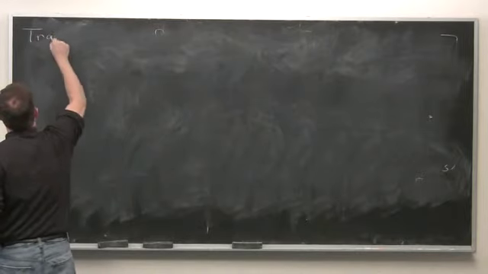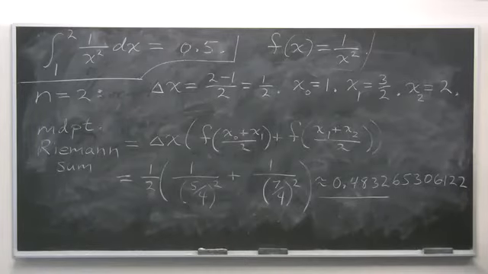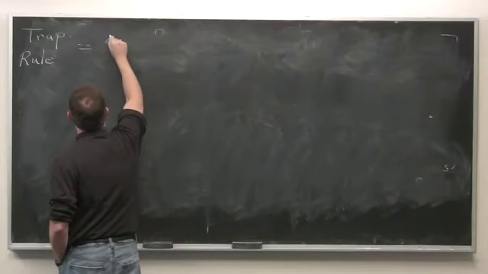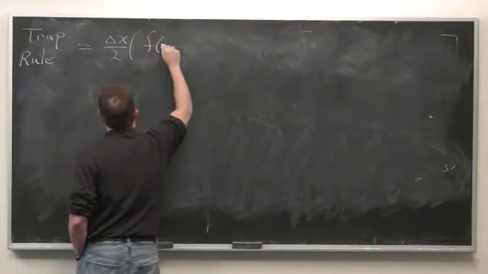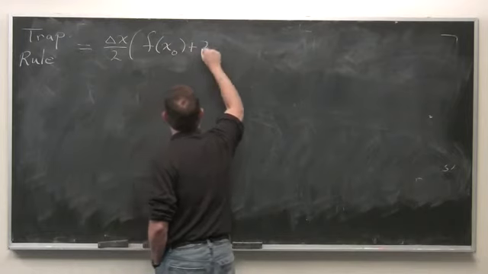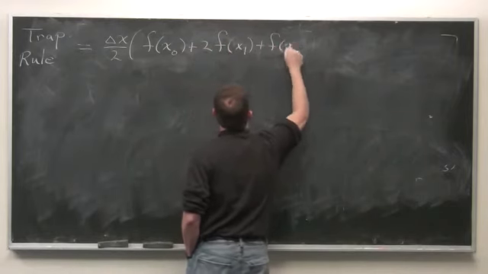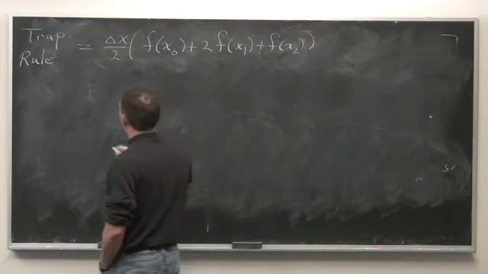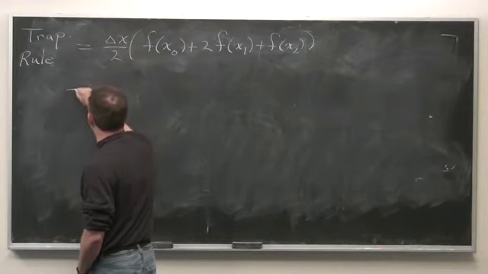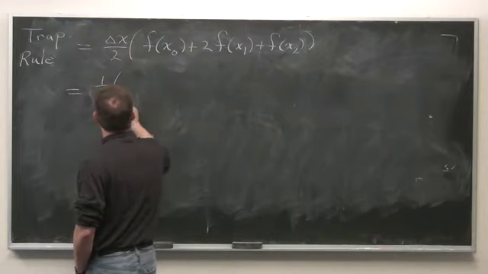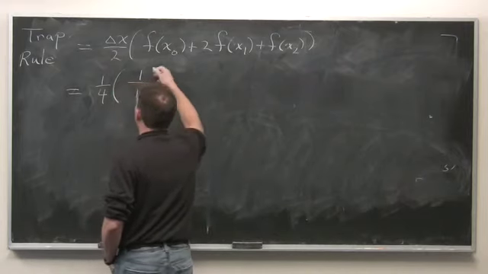In the trapezoidal rule, what you get from this, you get delta x over 2 times f of x naught plus 2 times f of x sub 1 plus f of x sub 2. So this is, all right, delta x is a half, so a half over 2. This is a fourth. F of x naught, that's f of 1, so we get 1 over 1 squared. Okay, yeah, that's 1.